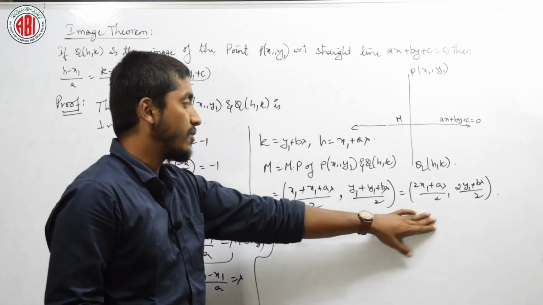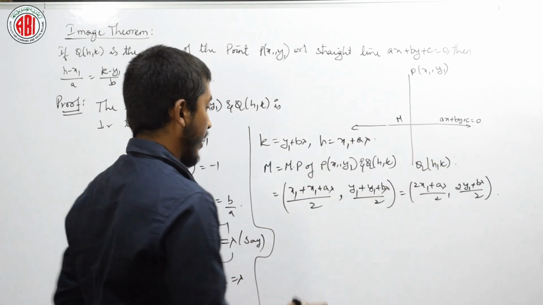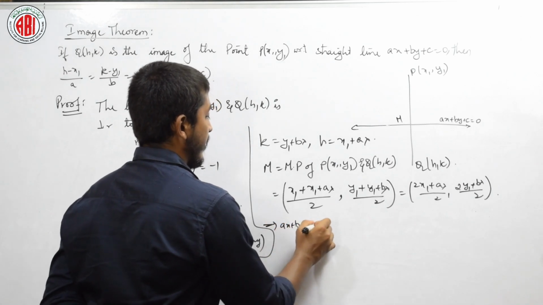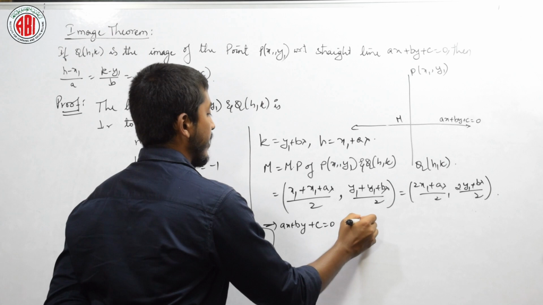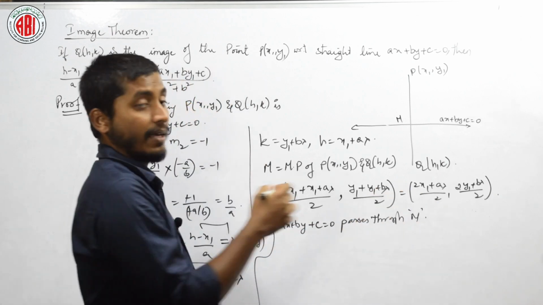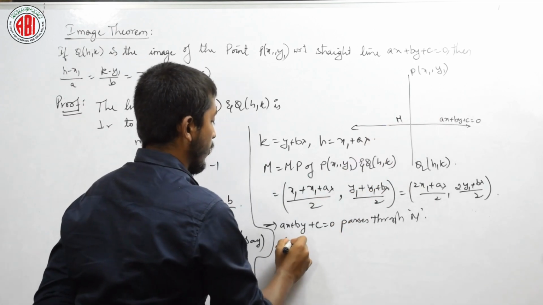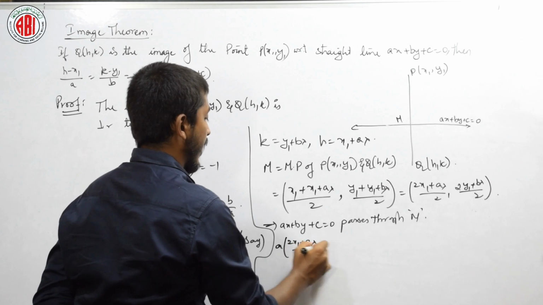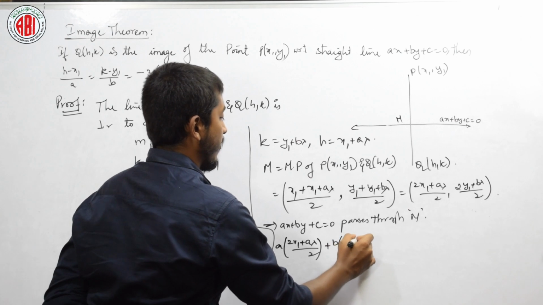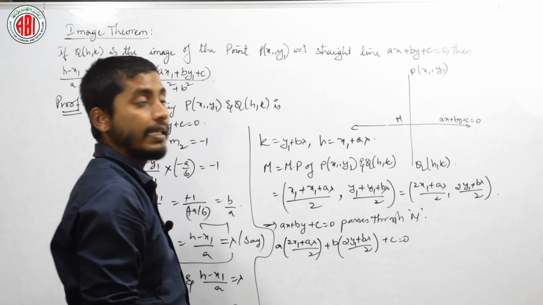Is it okay? This midpoint is being passed through by this equation, that is ax plus by plus c equal to 0 passes through M. Now, we will substitute the value in this equation, a into (2x1 plus a lambda) by 2 plus b into (2y1 plus b lambda) by 2 plus c is equal to 0.